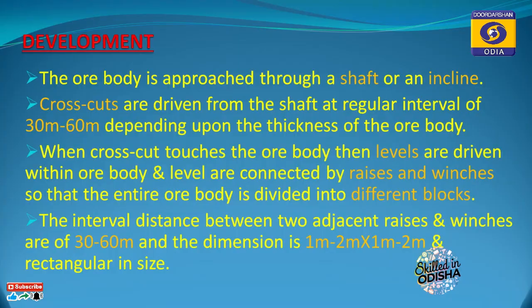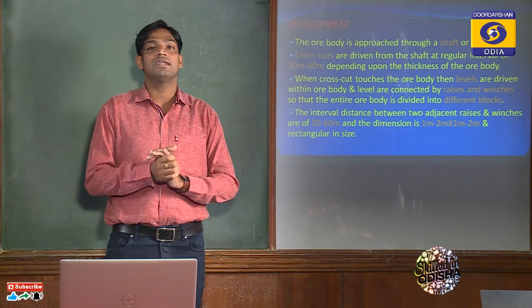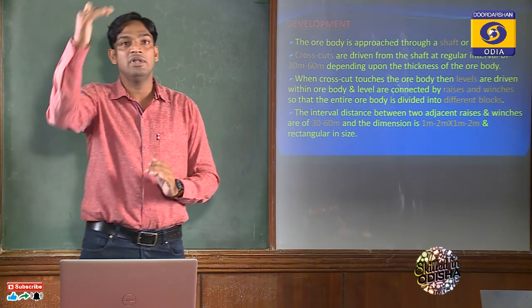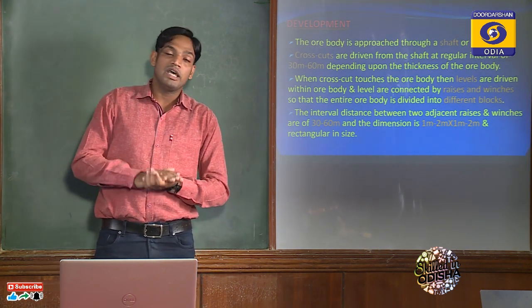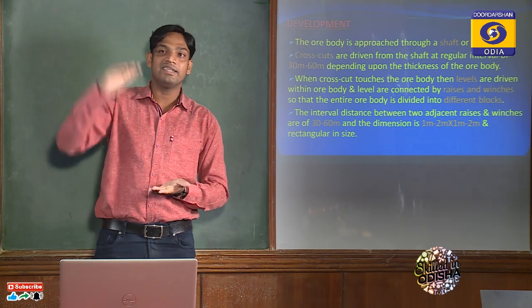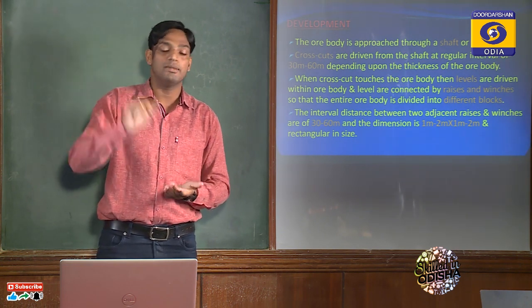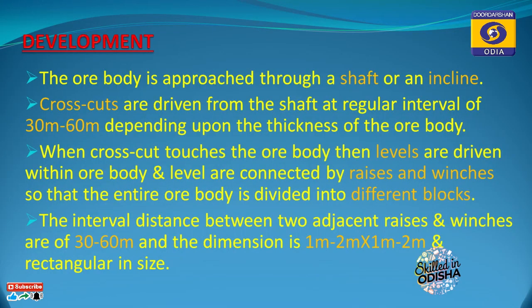Then when the cross cut touches the ore body, levels are driven. As I have said earlier, the levels mean the upper main level, the lower main level. If the ore body is highly thick, then we can also drive the sub levels. That means the levels now divide the whole ore body into different slices horizontally.